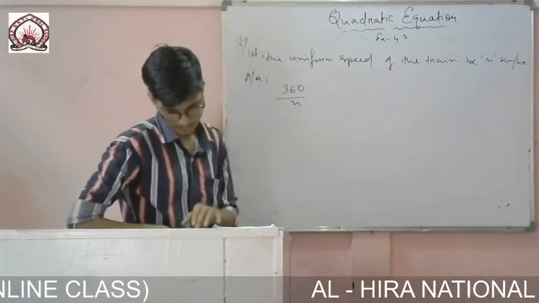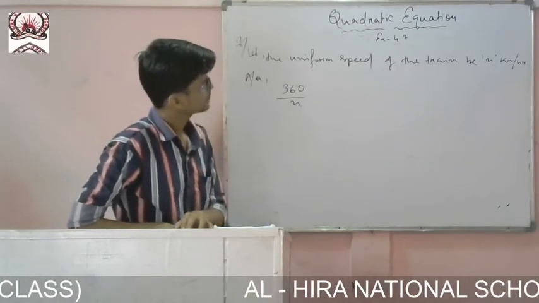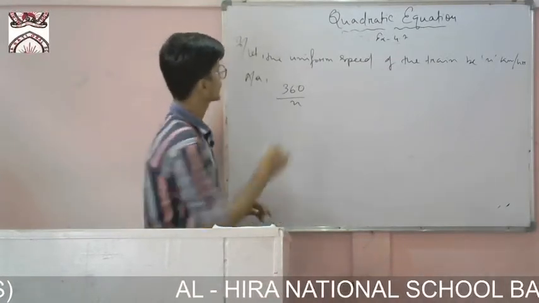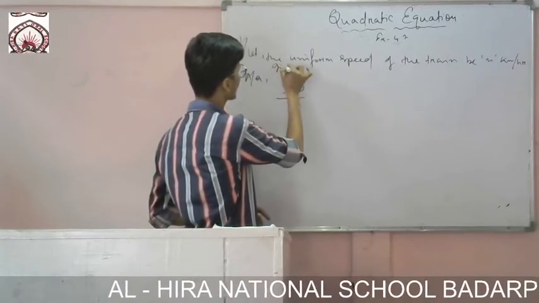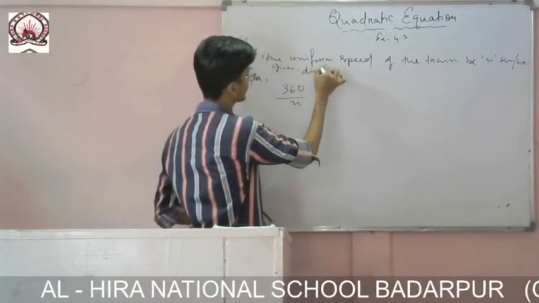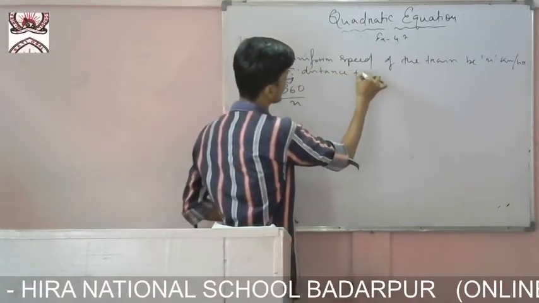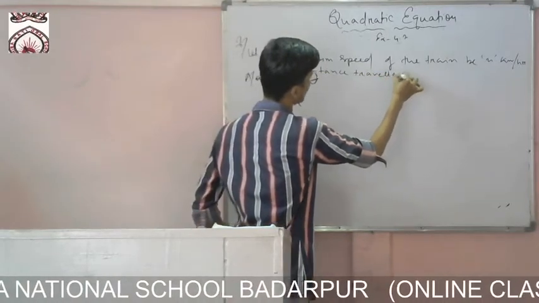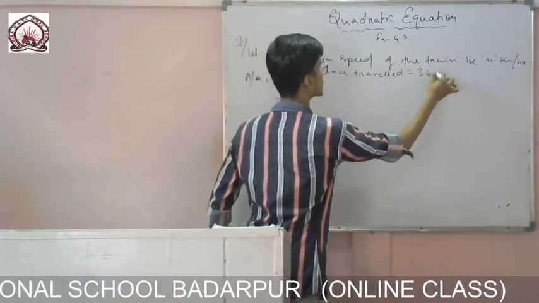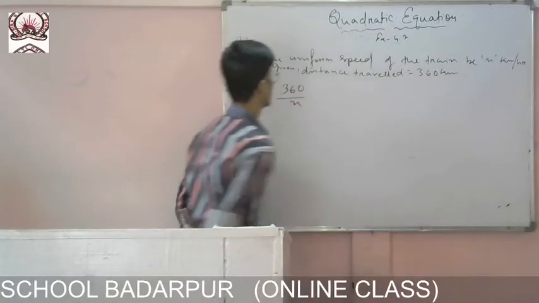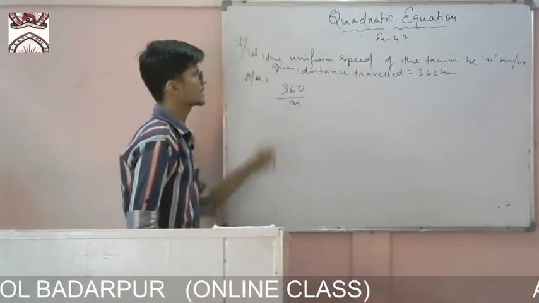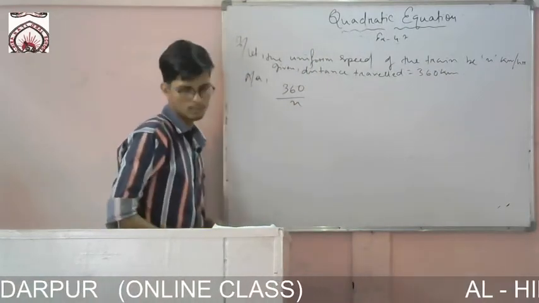The distance traveled is given as 360 km. So distance by speed equals time.